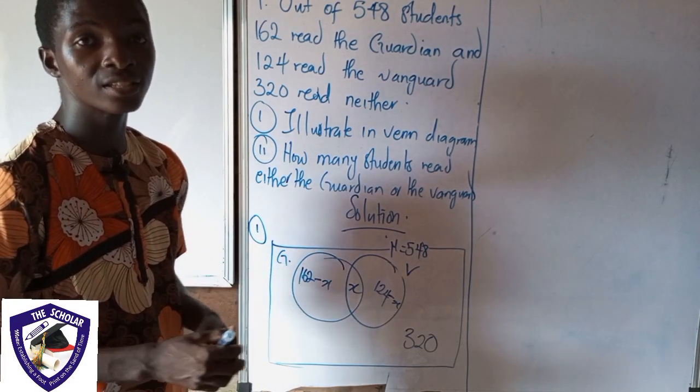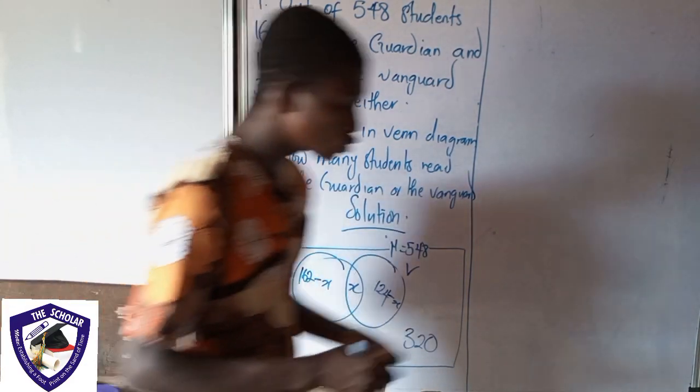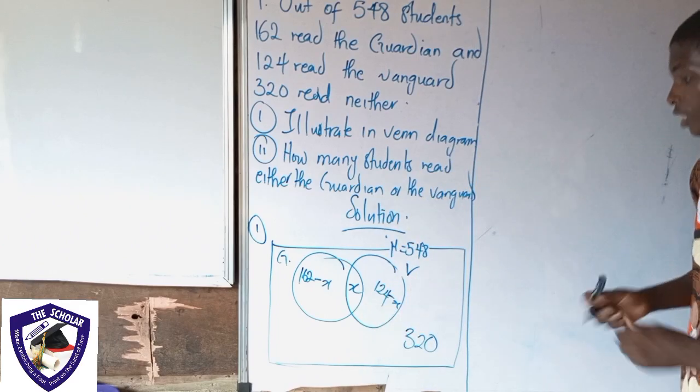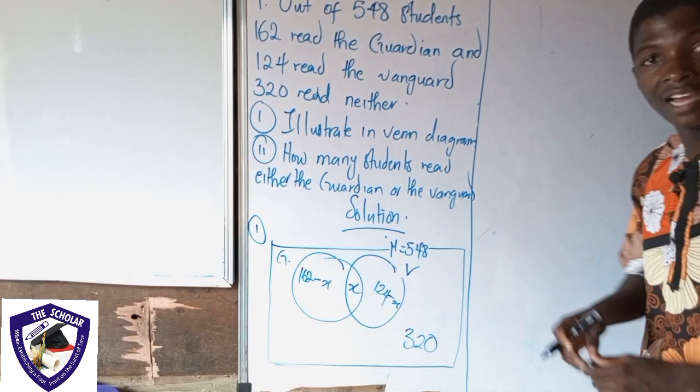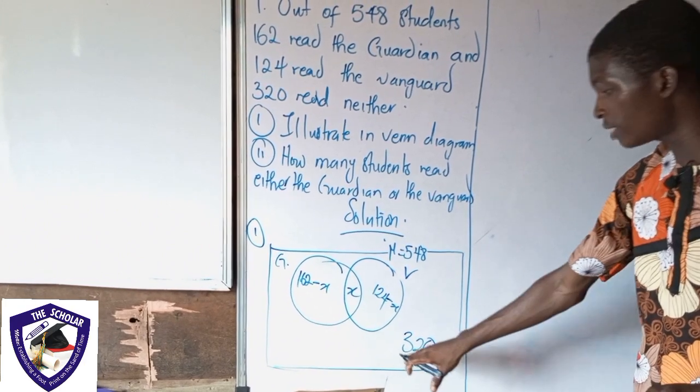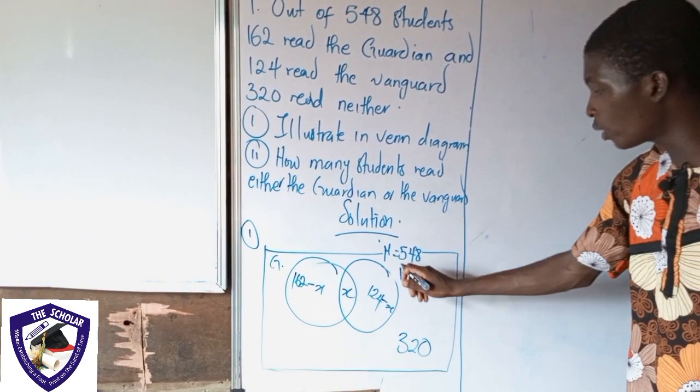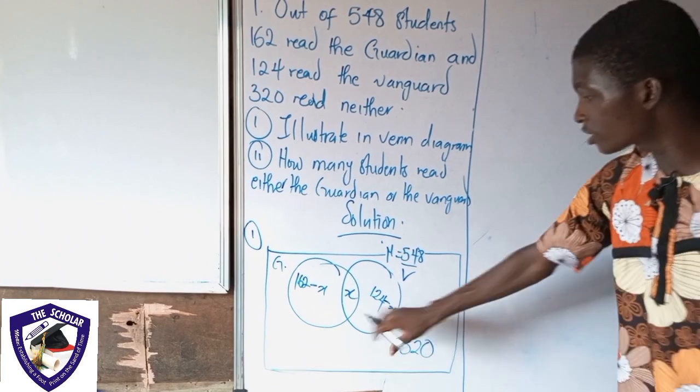So to find X, all we need to do is to sum every value we have within the Venn diagram here, sum them all together, then equate it to the universal set. So in this case, what do you have?